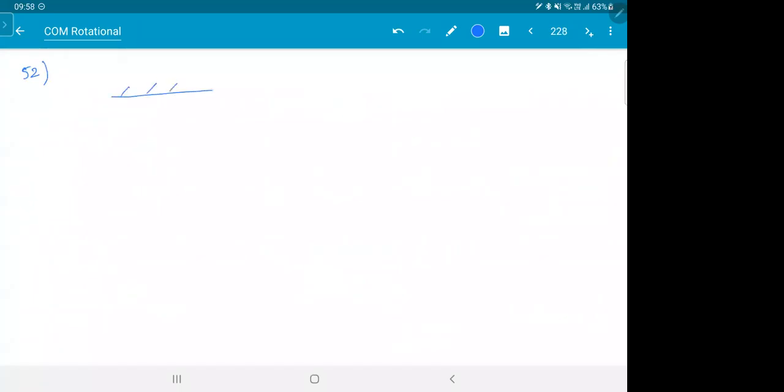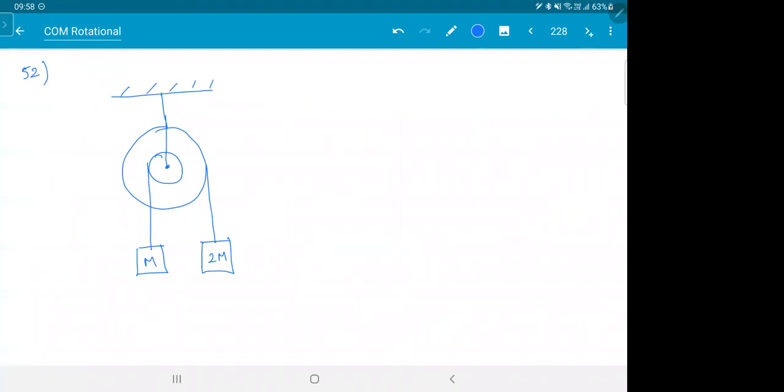Similar question. So we have a step pulley here. This radius is R and this radius is 2R.